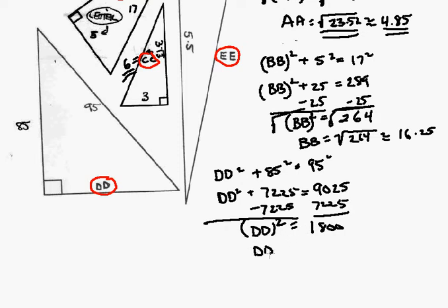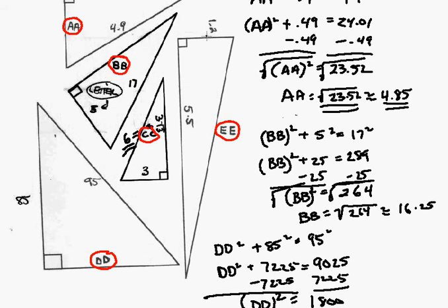So the length DD is equal to the square root of 1,800. And if I find the square root of that, it comes out to be about 42.43, which is approximately 42.43. Okay?